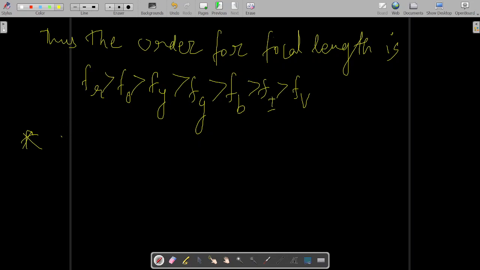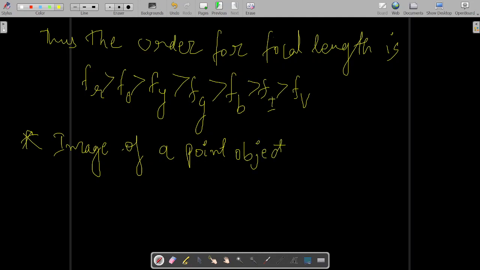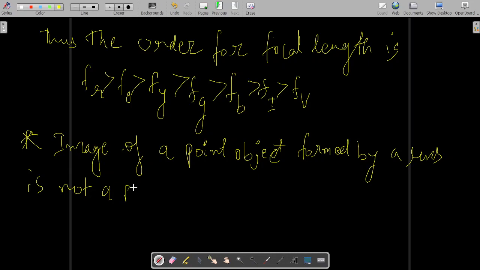Image of a point object formed by a lens is not a point image but a linear spectrum.